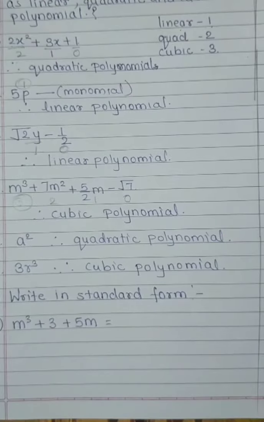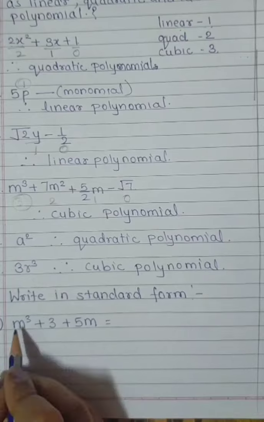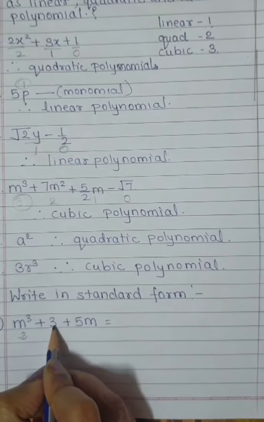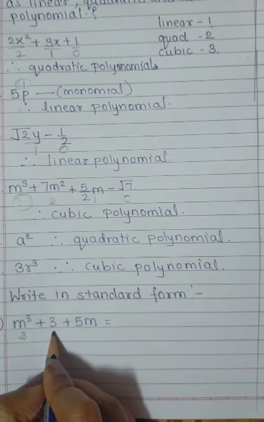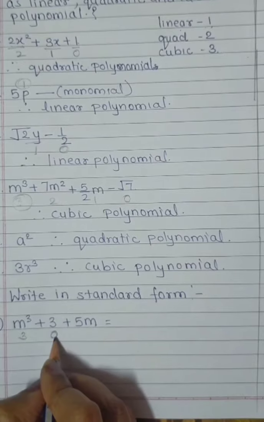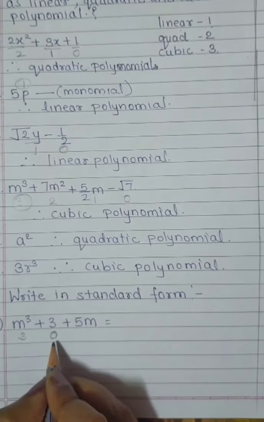Now question number 6 is given: write in standard form. Standard form means we have to write this equation in a particular correct order. For example, here m cube means 3. Here the 3 is a coefficient number, having 0 degree.